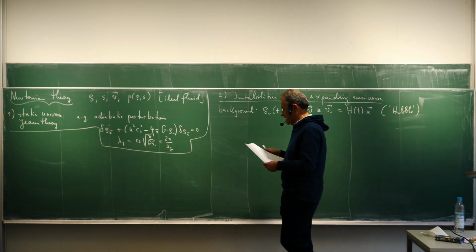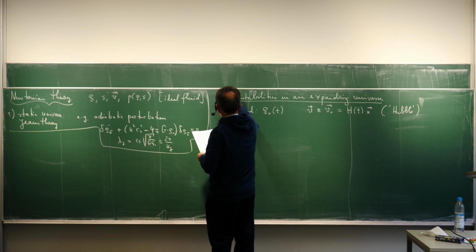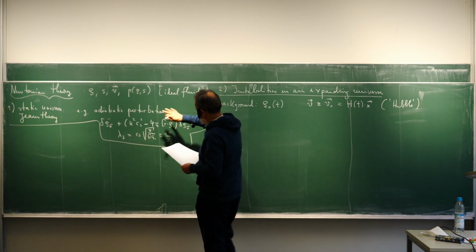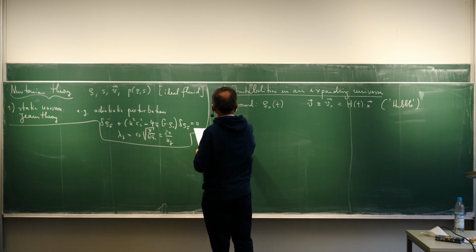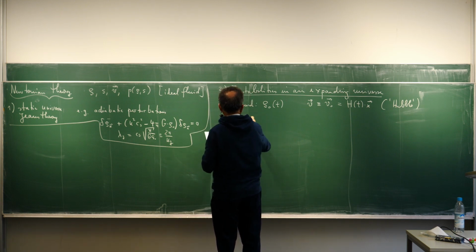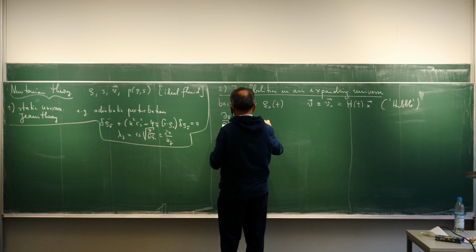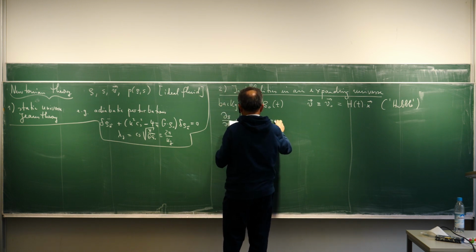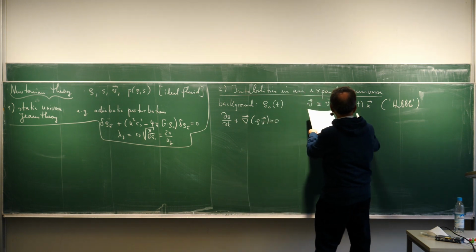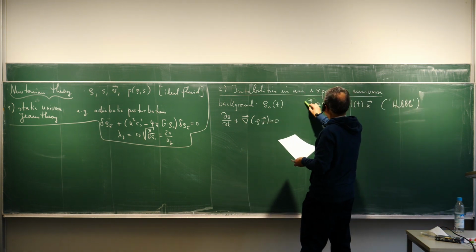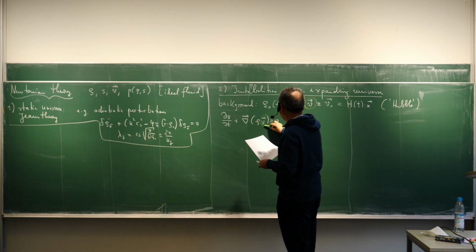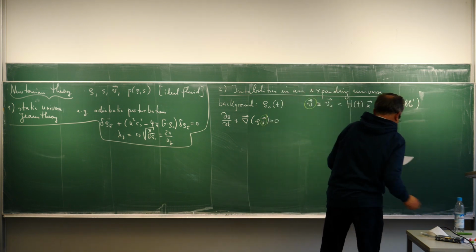And then we have to address the equations which we have written down earlier, and the first is the continuity equation. And if you insert here the v, then you get the following.